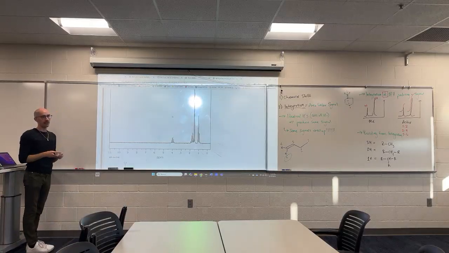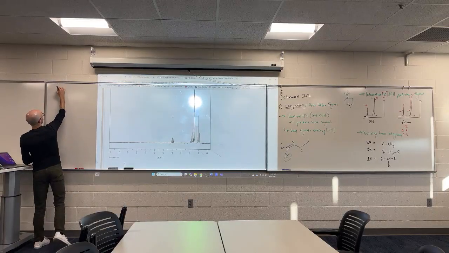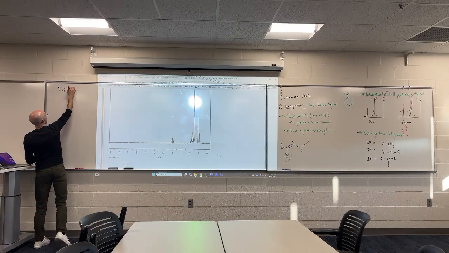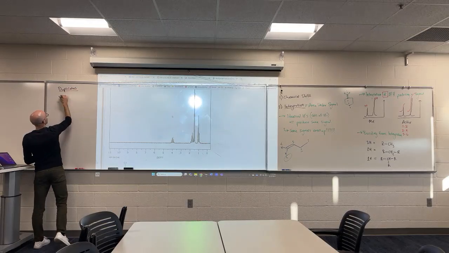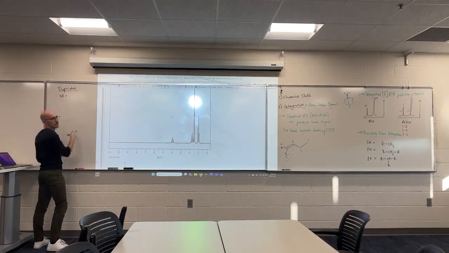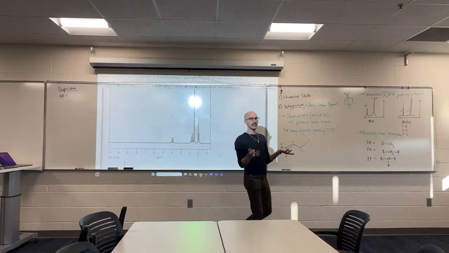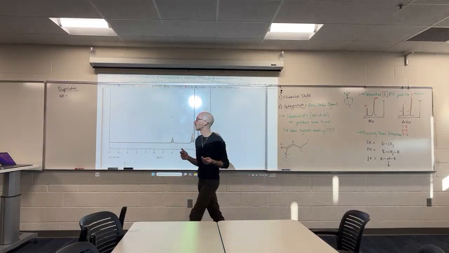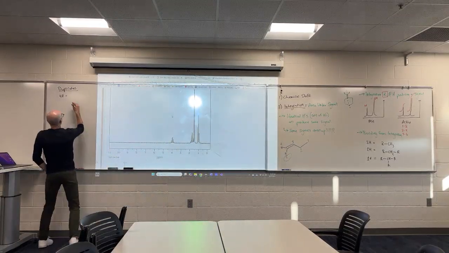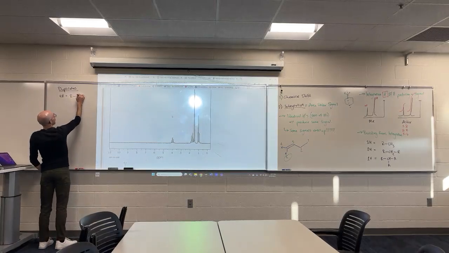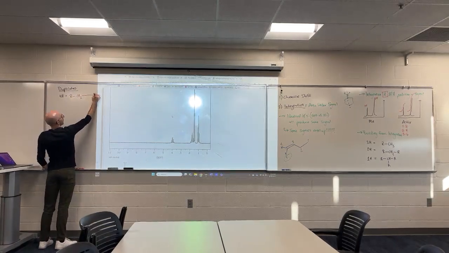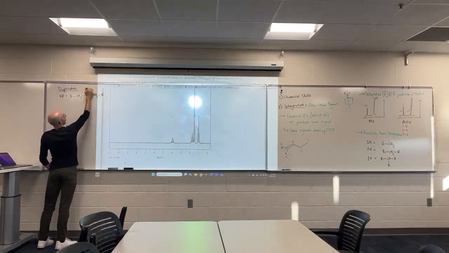Those are very common. Here are common duplicates. A 4H integration often means that you have some kind of symmetry in your molecule.